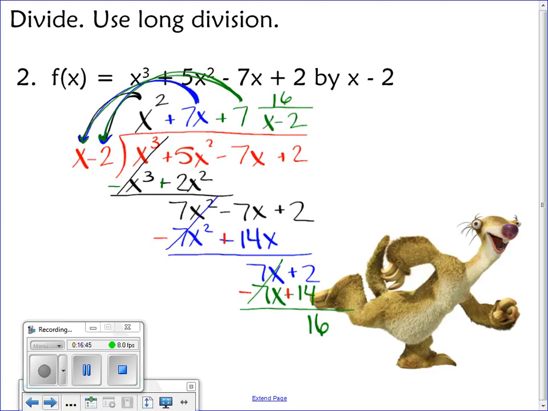It's a remainder. What should I do with my remainder? Should I just sit it there? Should I add it to it? Be careful with that. If you want to be safe and guarantee you don't mess up your signs, just always put a plus sign in between there.